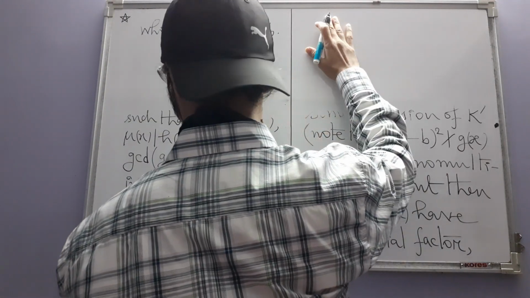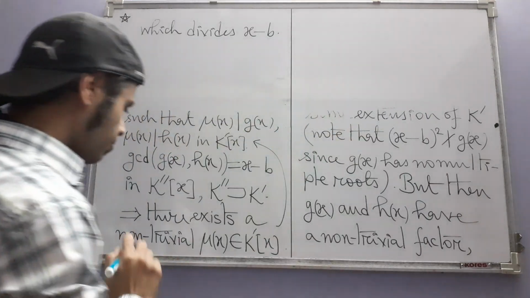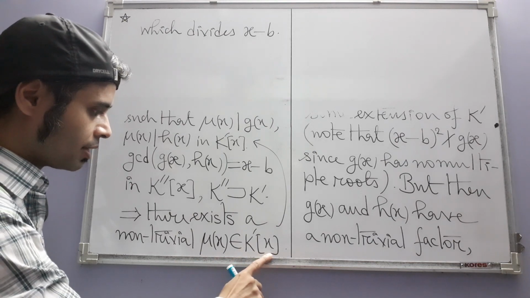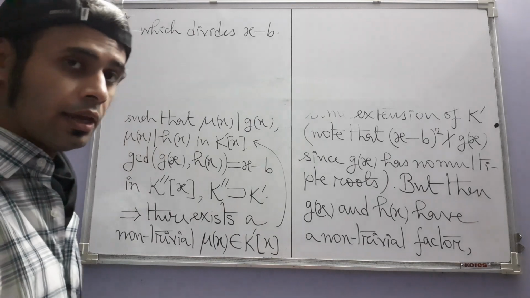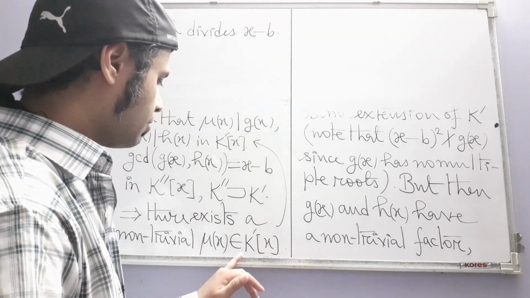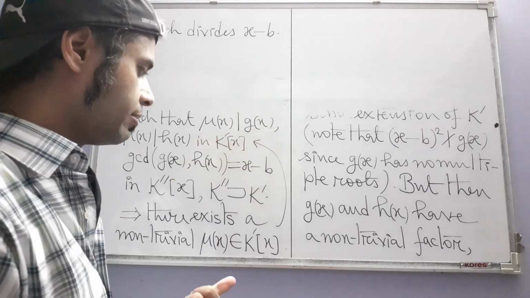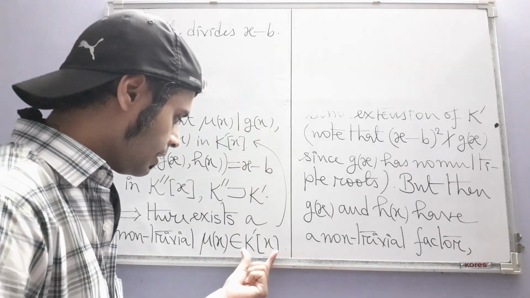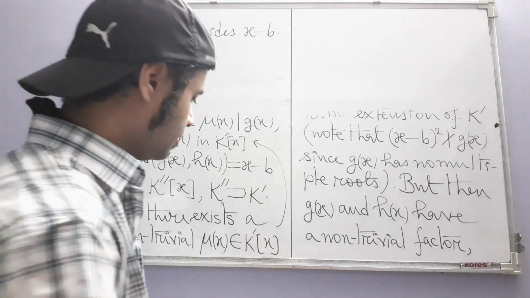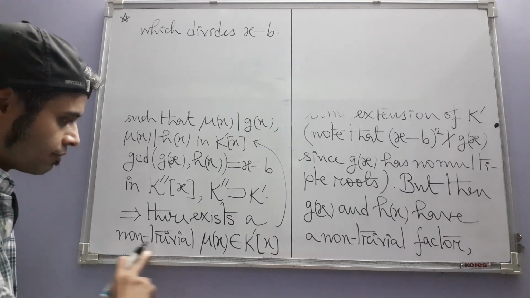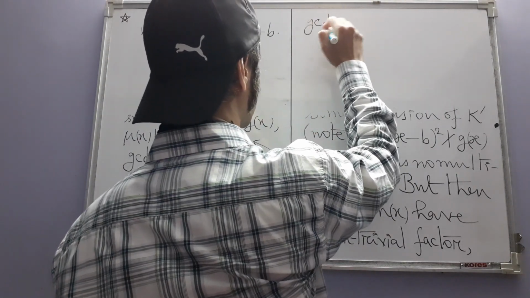Suppose that there is no non-trivial polynomial over k prime that divides both g and h, or in other words, let us assume that g and h are relatively prime as elements in k prime x, that is their GCD is 1, which is the negation of this statement. That is, let us consider this.